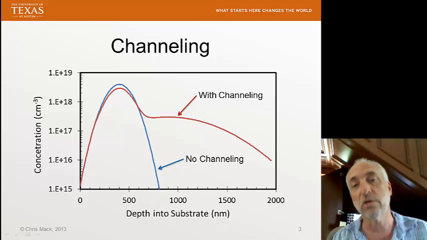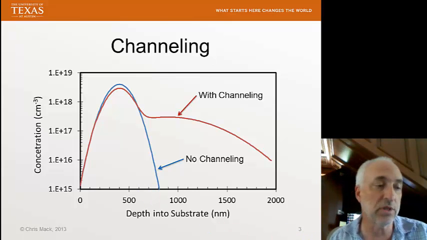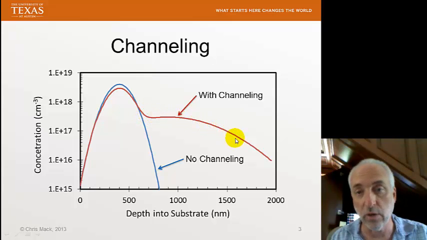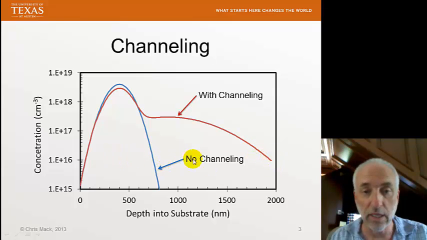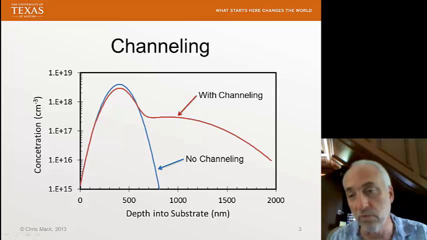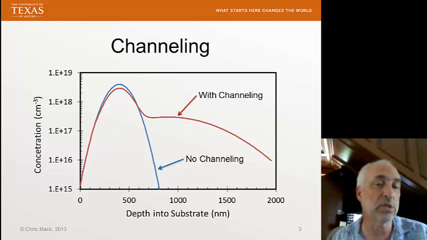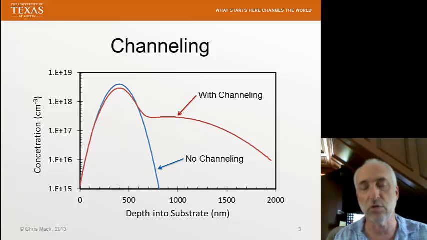But some percentage of those ions might hit a channel and go further. So here I assumed about 30% of the ions were hitting a channel and going much further, and you can see the range at which it might go is factors of 2 or 4 or 6 longer than the positions of the ions if there's no channeling.